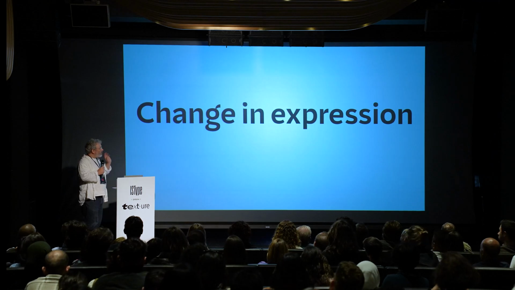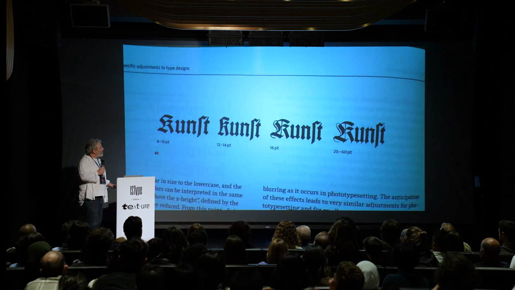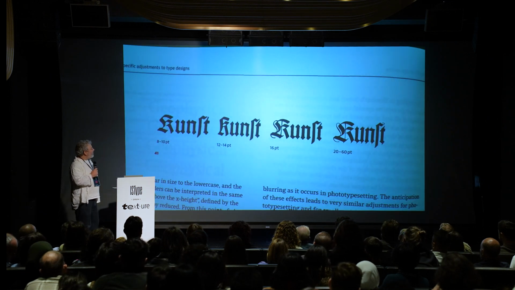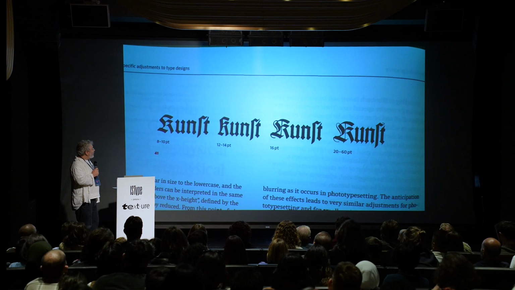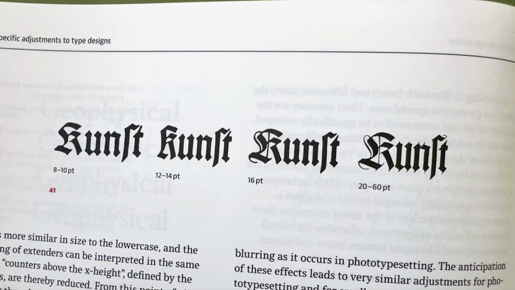There's also a change in expression that's possible, or an intensification of expression as you're heading into the larger sizes. It's kind of an opportunity. And so if we look at these printed letters, we can see that the amount of detail is increasing steadily.